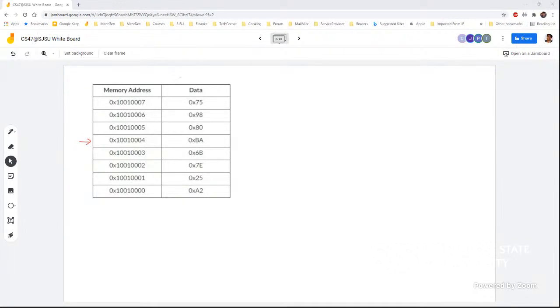So first of all, multi-byte read always happens from lower address to the higher address. So we start reading from here and we are trying to read a word, right? A word is 4 bytes. So we are trying to do a multi-byte read. So it will be read in this way.